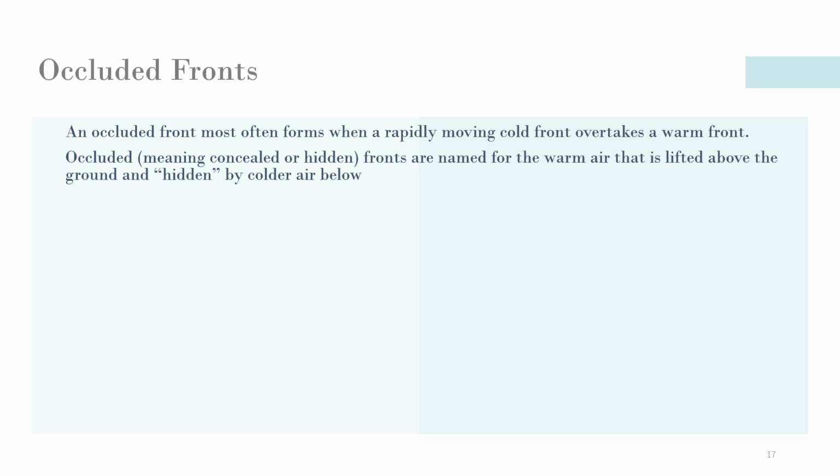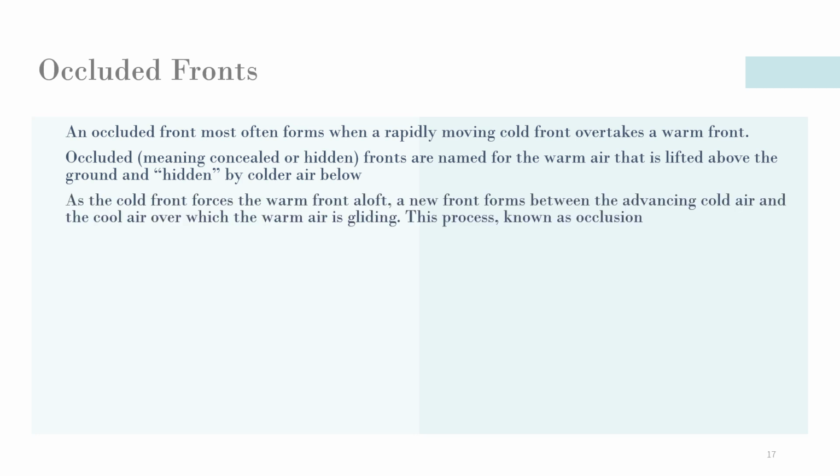It is named for the warm air that is lifted above the ground and hidden by colder air below. So as the cold front forces the warm front aloft, a new front forms between the advancing cold air and the cool air over which the warm air is gliding. This is what we call the process of occlusion.